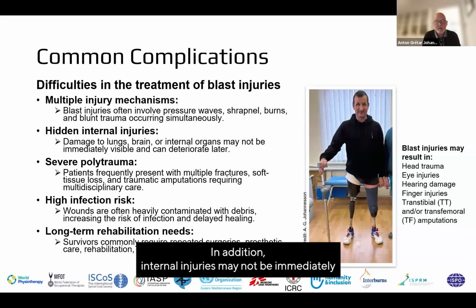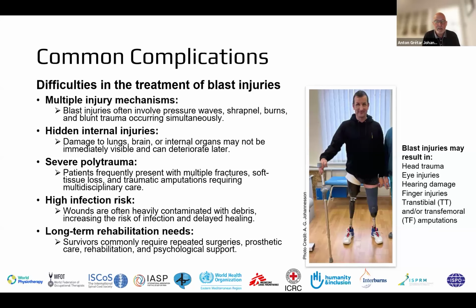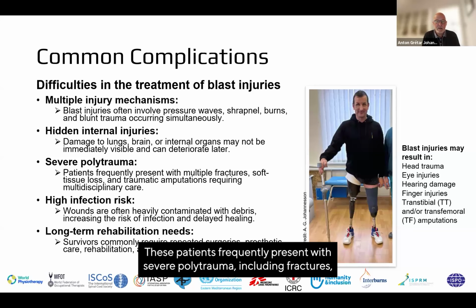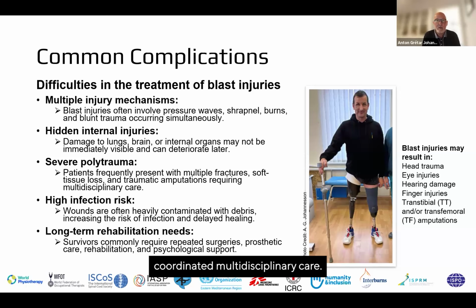In addition, internal injuries may not be immediately visible, with damage to the lungs, brain, or organs developing over time. These patients frequently present with severe polytrauma, including fractures, soft tissue loss, and traumatic amputation, requiring coordinated multidisciplinary care.